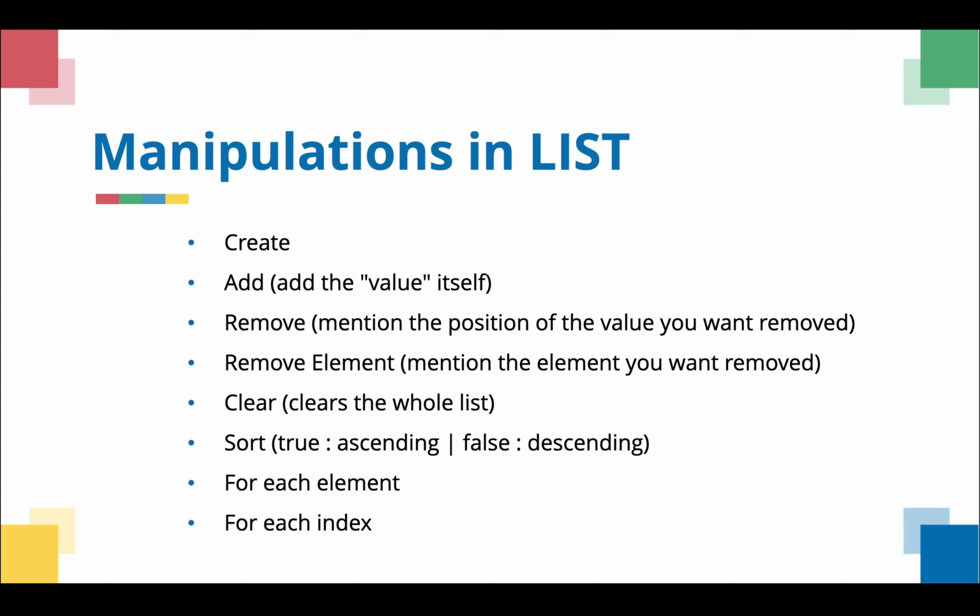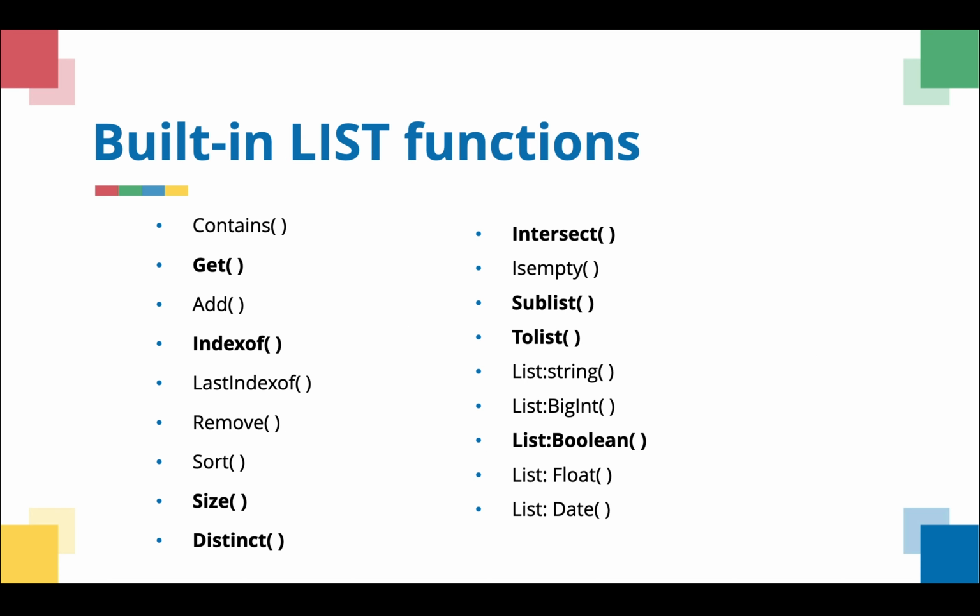Other than this, list also has some built-in functions. Let's check them out, shall we? Alright, so this is the list of the list functions. Yeah, so we have contains, which basically returns a true or false response if a particular element is present in a list, right?